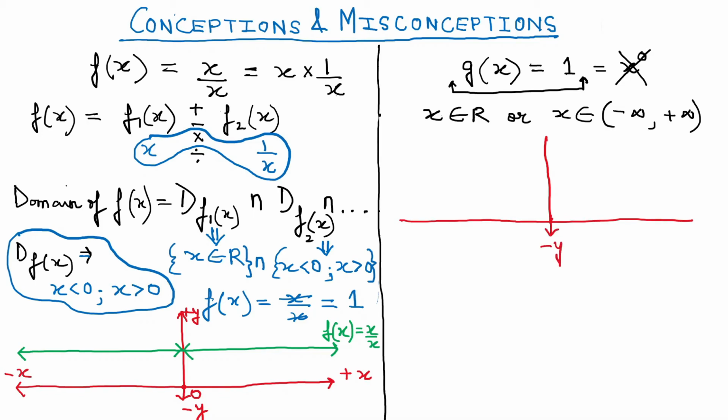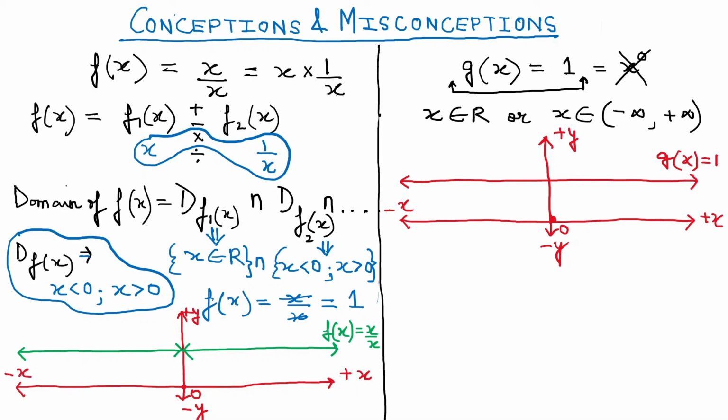So negative hand of y, positive hand of y, positive hand of x, negative hand of x, the point of intersection of both the axes, which is the neutral point, and then we make the graph after this. So this is the graph of g(x) is equal to 1, which is defined for all values of x.